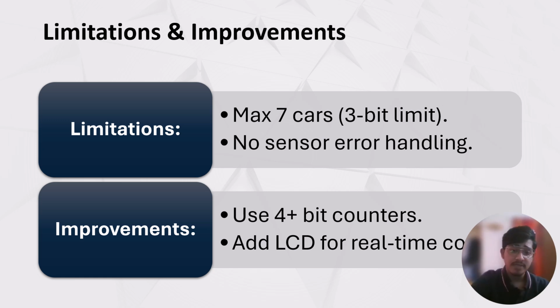So if there is an error, the full system will collapse and will not be usable. The improvement we need is a 4-bit counter. If we use a 4-bit counter, we can add an LCD for a real-life counter, and the users will see how many cars are in the garage and how many spaces are available.